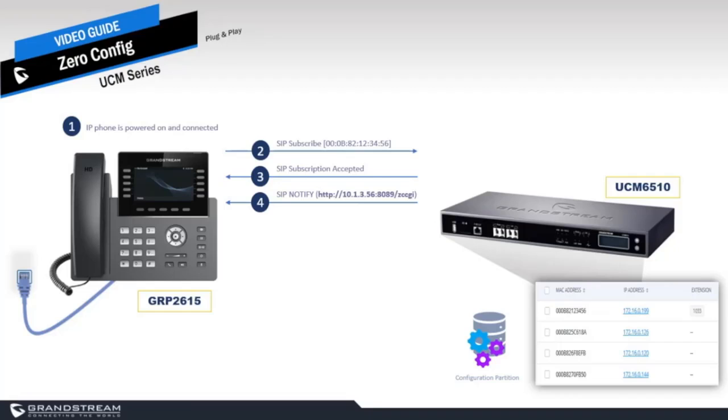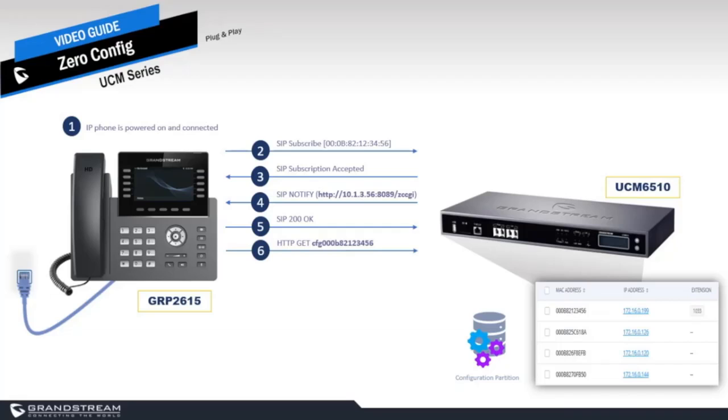The UCM always uses the URL type configured for the web access. In other words, if you enable HTTP for web access instead of the default HTTPS, the UCM will use the HTTP URL. So upon receiving the configuration URL, the IP phone will acknowledge reception with 200 OK and update its config server path with the new URL provided by the UCM.